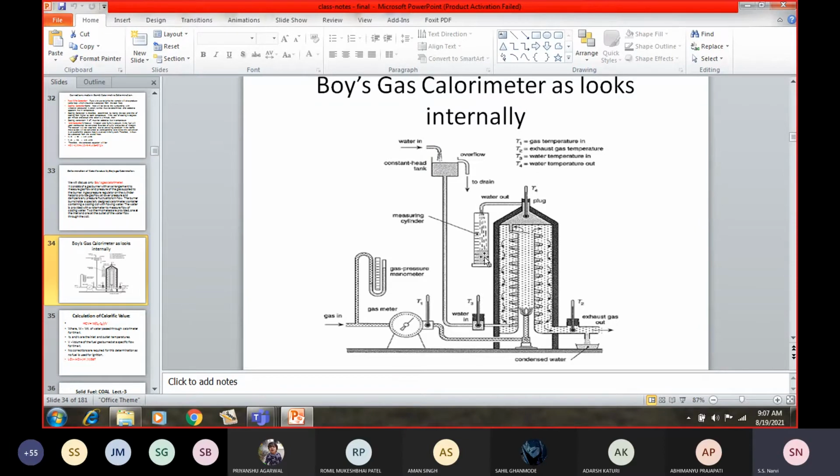Whatever water you have circulated during that interval of time will be collected here. The temperature of the outgoing water you can record here as T4, and the temperature of inlet water can be recorded in this mercury pocket as T3. So T3 is the inlet temperature of water, T4 is the outlet temperature of water.